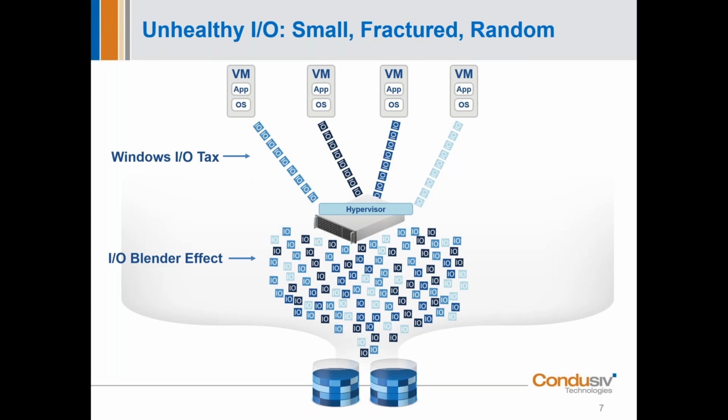Just a few, Dan. As you indicated, there's the extra processing to deal with all these extra small random IOs. But one thing you may not know is that it's also hurting the performance of your storage infrastructure.